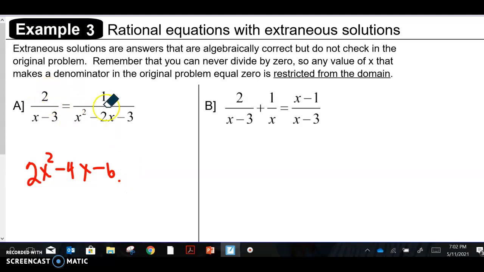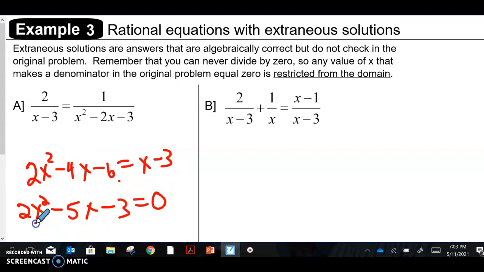Okay, 2x squared minus 4x minus 6 equals x minus 3. So when I subtract x over with the negative 4x and add 3 over with the negative 6, this is what I get. And that factors into 2x plus 1 times x minus 3.